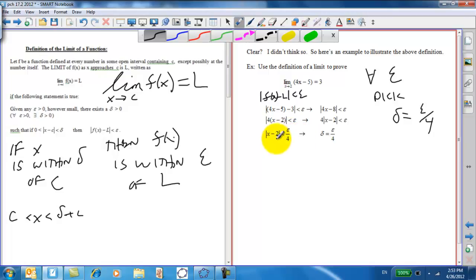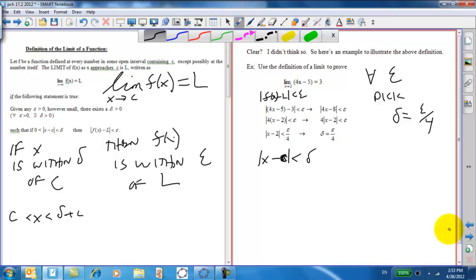It doesn't change the direction of the arrow because it's a positive number. So therefore, the absolute value of x minus a, remember, is less than delta. Those are the two key parts, or x minus c in this case, as x approaches c. So, if we pick delta to be epsilon over 4, we'll always guarantee that our function will get within epsilon of the limit.